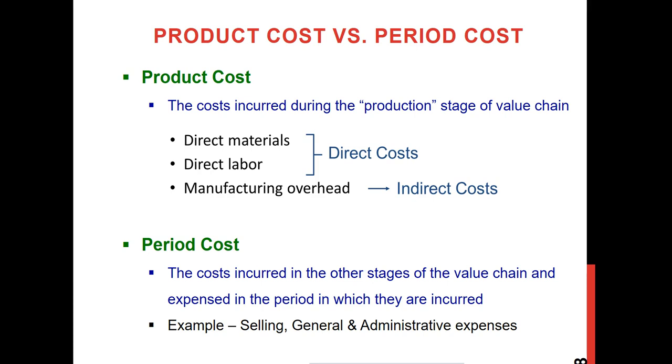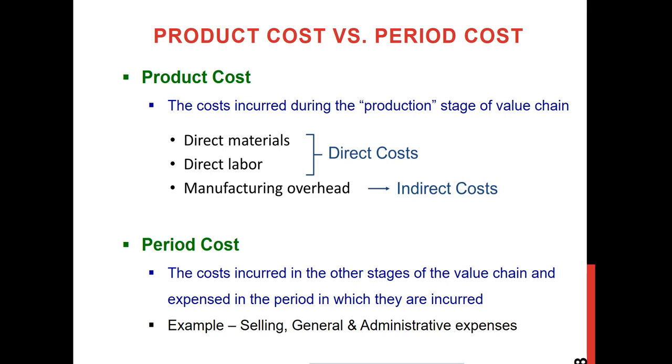Another classification we will learn is the product cost, and another is the period cost. And for this chapter, and I would say even for the whole course, you need to know really well these three types of product costs. These product costs are incurred at different production levels. And when you are incurring all these costs, that means you are adding some value in your production chain.